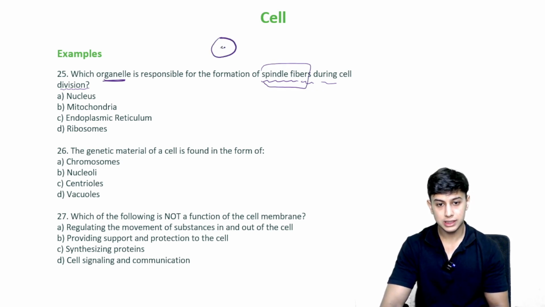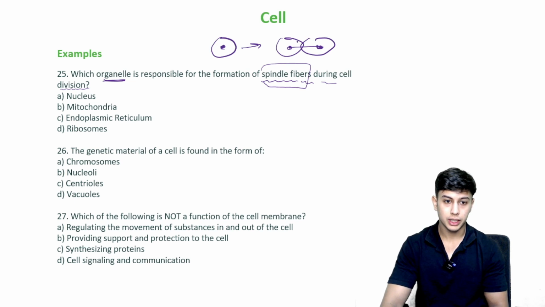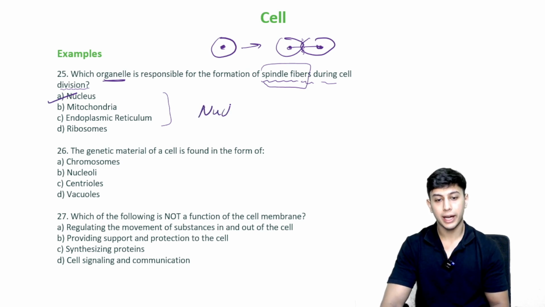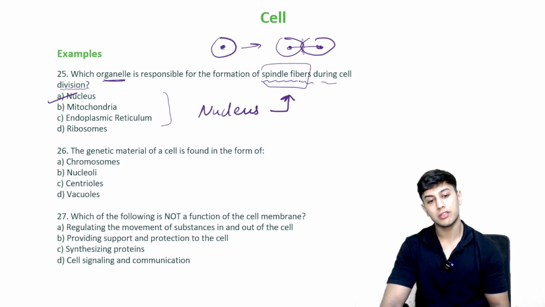If this was a cell, now it is dividing into two cells, so there will be spindle fibers formed. Now which of these organelles are used for that? Correct option is option A, the nucleus. Nucleus is what directs division. Nucleus is what helps in the formation of spindle fibers.